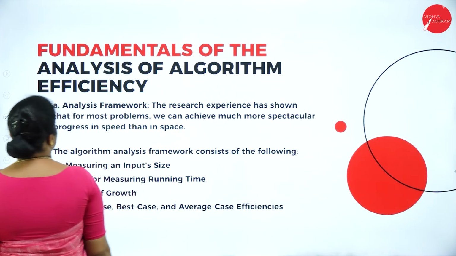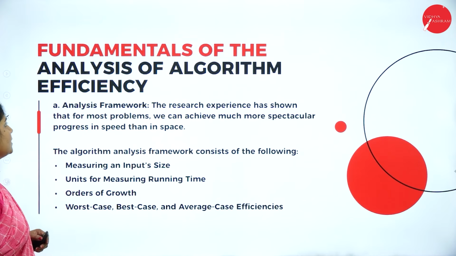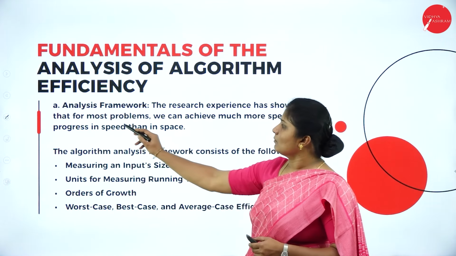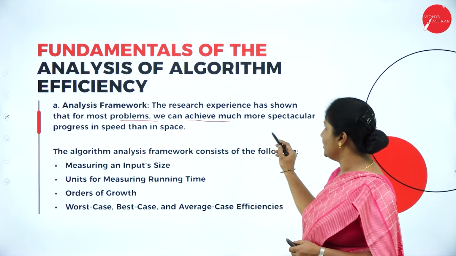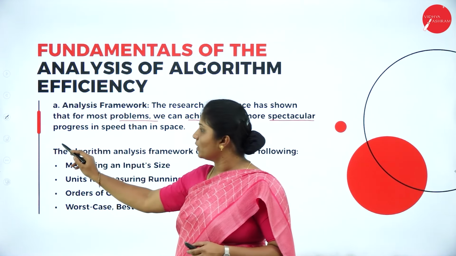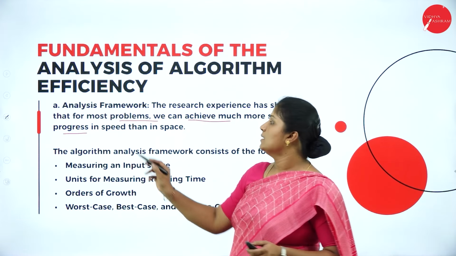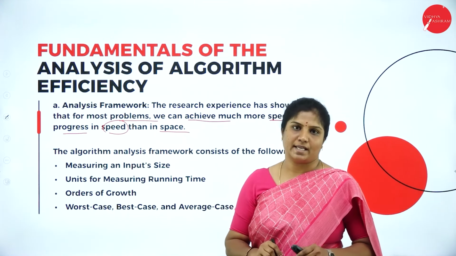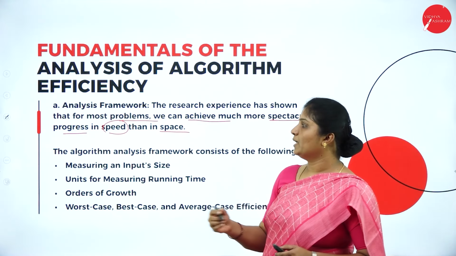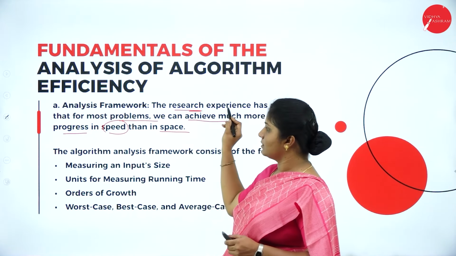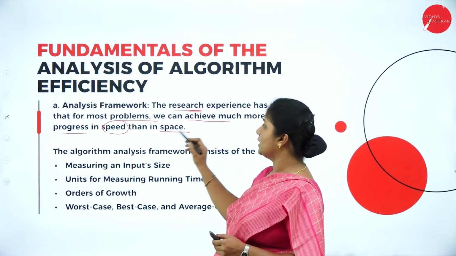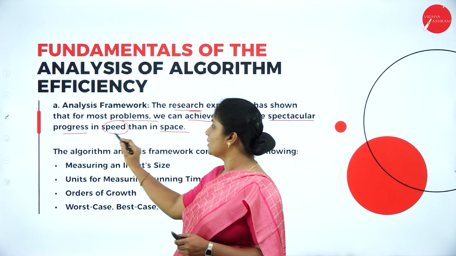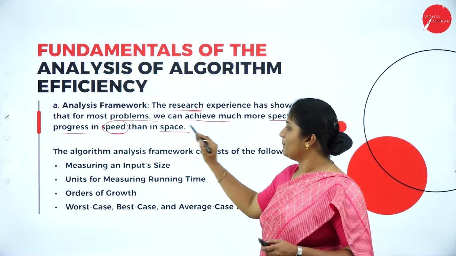We have next the analysis framework. Research experience has shown that for most problems we can achieve much more spectacular progress in speed than in space. Many researchers have shown that most problems can achieve more spectacular progress in speed than in space.